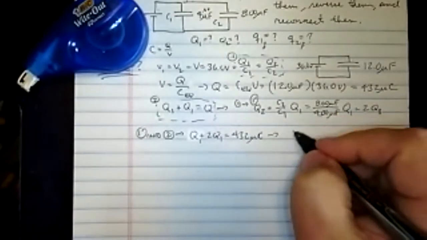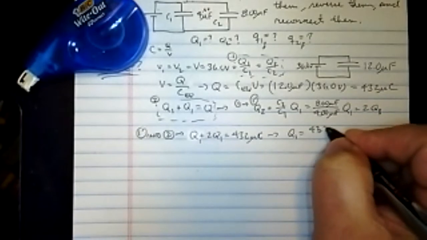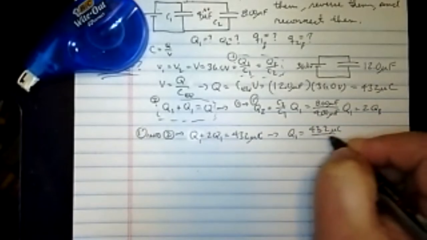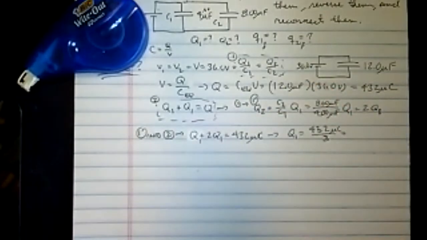So that means Q1 is equal to 432 microcoulombs divided by 3. Well, that should be 120. No, that's not right.